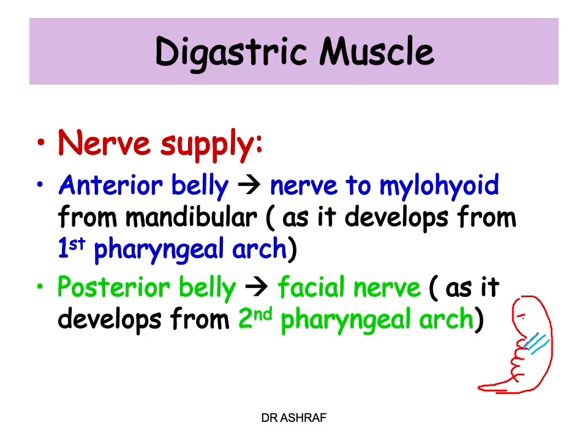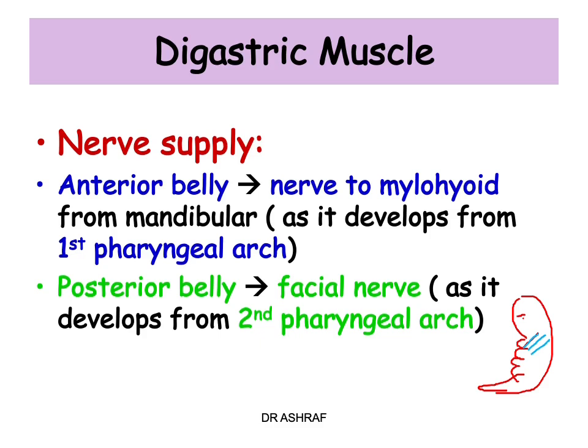The artery is going to supply all the structures that come from that arch. The nerve is going to supply all the structures that come from that arch, and the skeletal component is going to give muscles, bones, and cartilage from that arch.